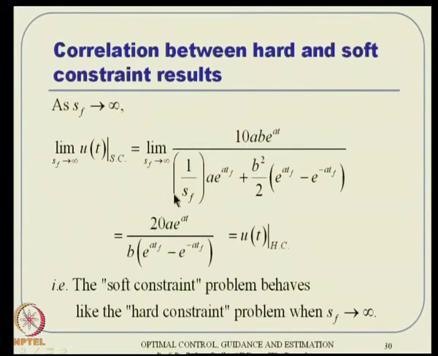So, this is gone, and we are left with this: 2 goes to top, this is 20, and 1 b will cancel out. So, you will end up with this expression, which is nothing but the expression for the hard constraint control. The summary is, the soft constraint problem behaves like the hard constraint problem when S f goes to infinity. So, that compatibility check is also there.